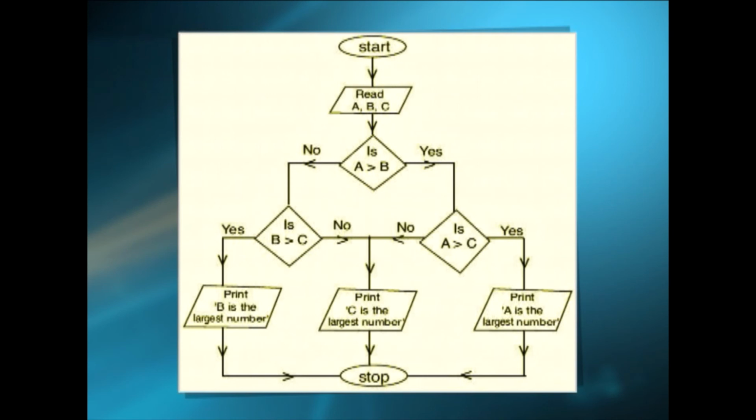If yes, then print a is the largest number. If a is not greater than b, then check b with c. If yes, print b is the largest number, otherwise c is the largest number. Finally, the stop symbol indicates the end of the program.